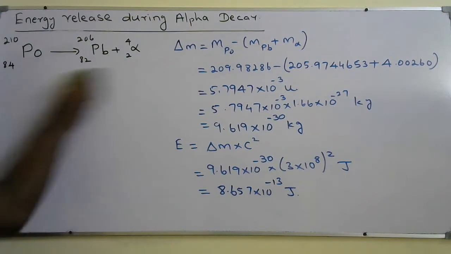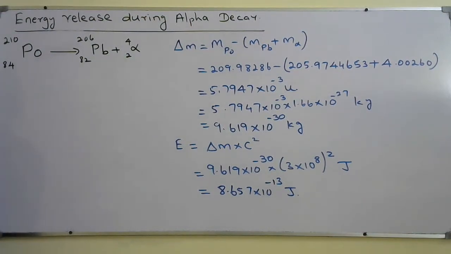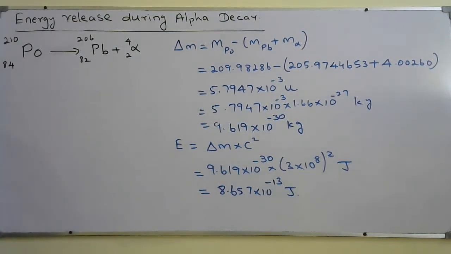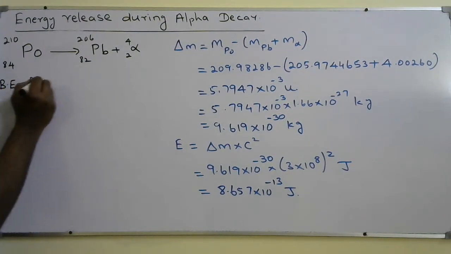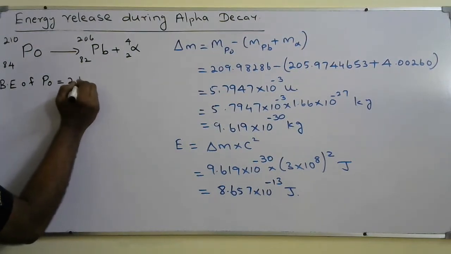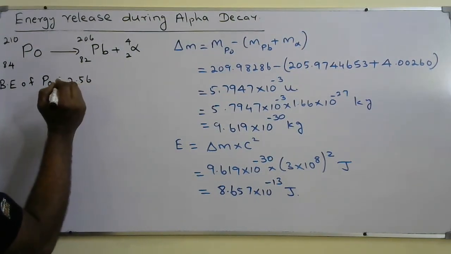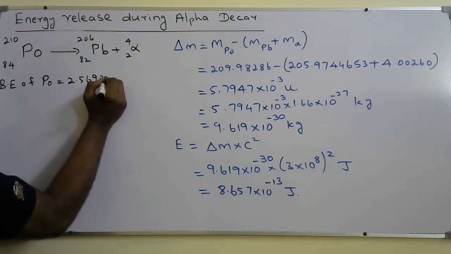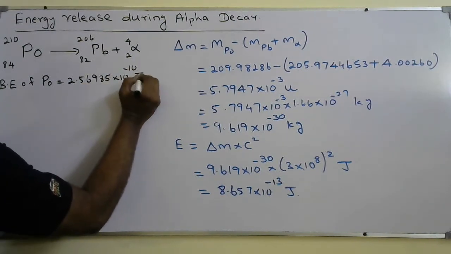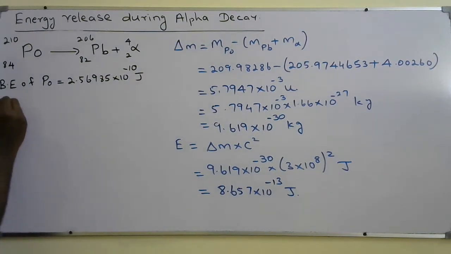If the given data is binding energy of polonium, say 2.56985 times 10 to the power minus 10 joules.